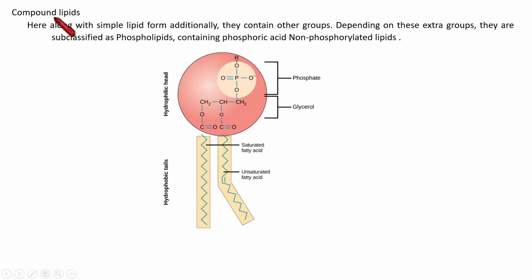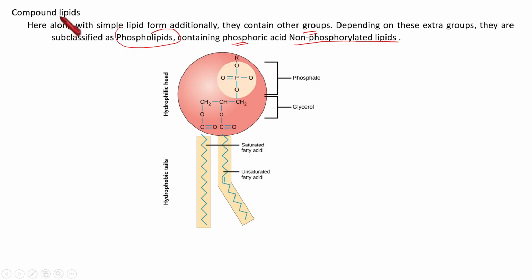Next, the second classification of lipids is compound lipids. Compound means something has been added along with that. What is added? A third group is coming, and depending on that extra group, they are subclassified as phospholipids that contain phosphoric acid and non-phosphorylated lipids. Clear?